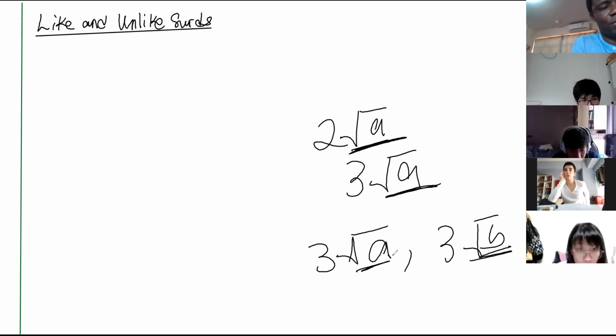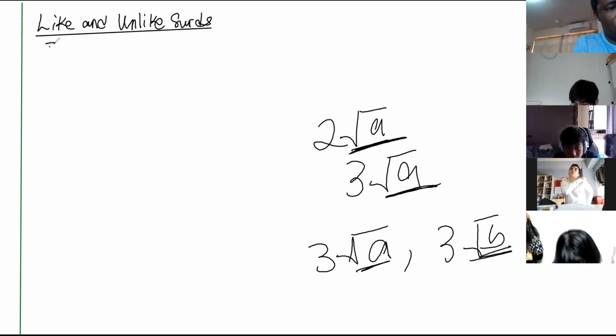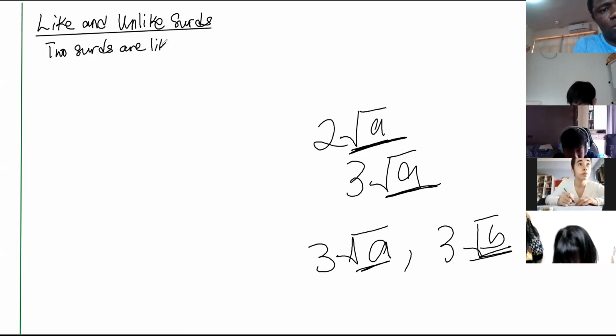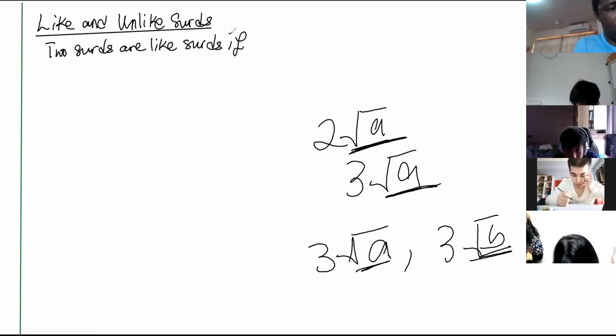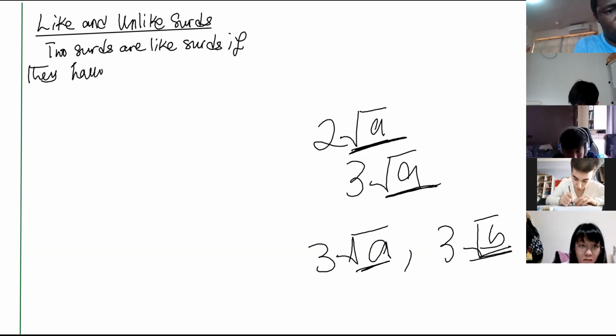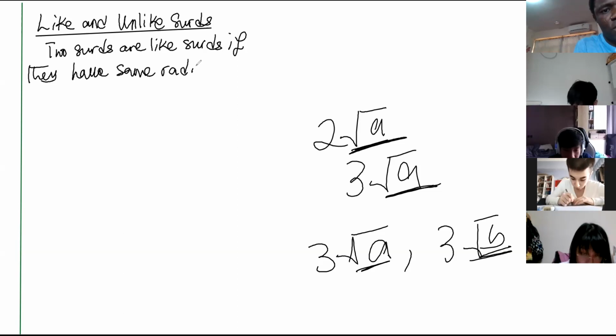So let's write that. 2 surds are like surds if they have the same radicals.